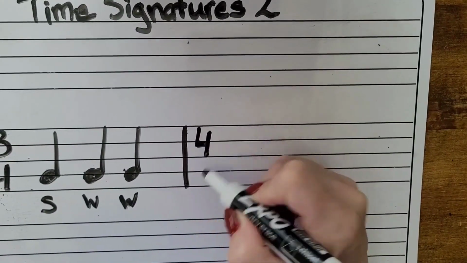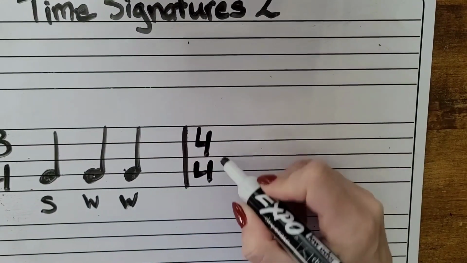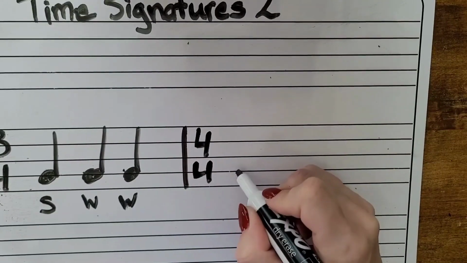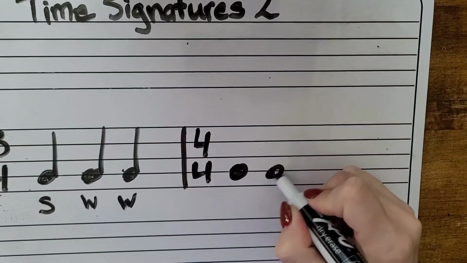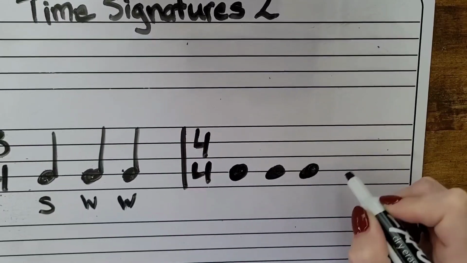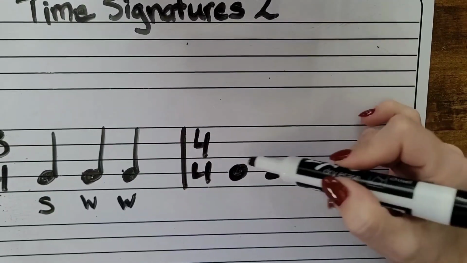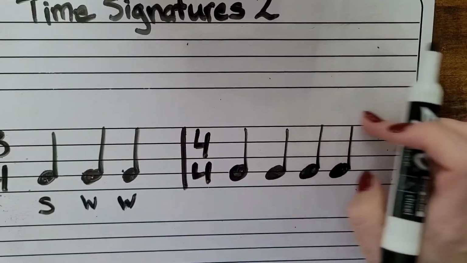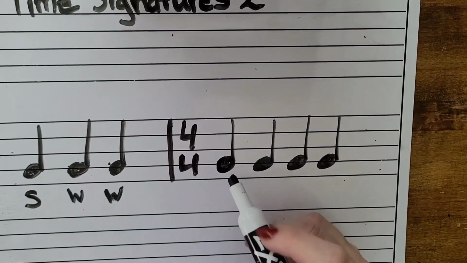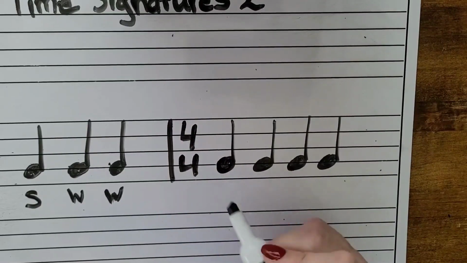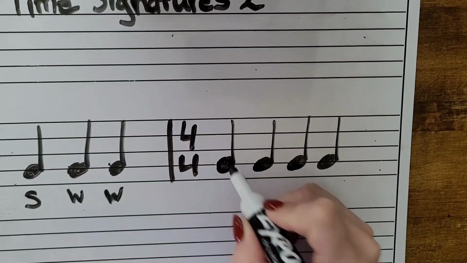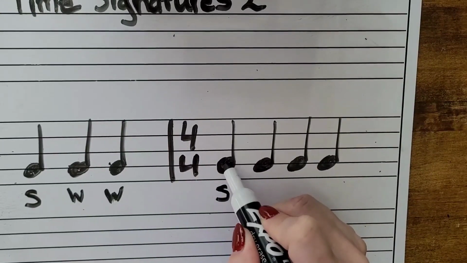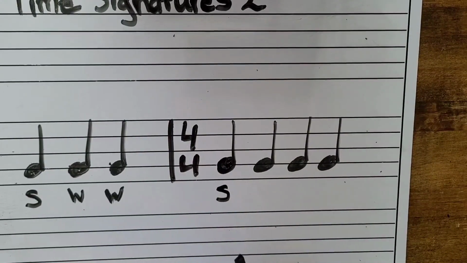For example, in 4/4, okay, we have 4 quarter notes in this measure. 4 quarter note beats represented, and we will represent them by having the quarter notes. So in 4/4, in any time signature, you will have the strongest beat on the very first part of that measure.